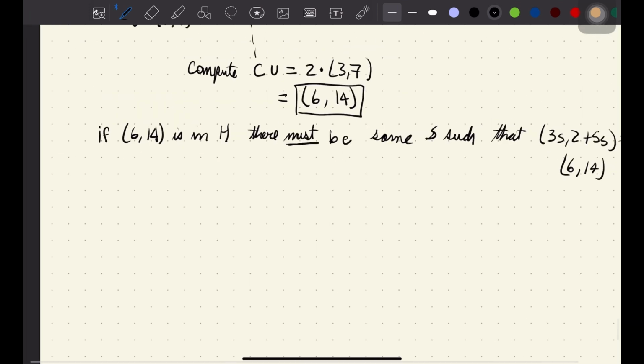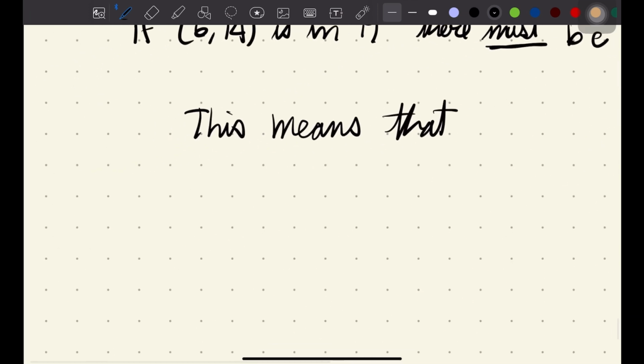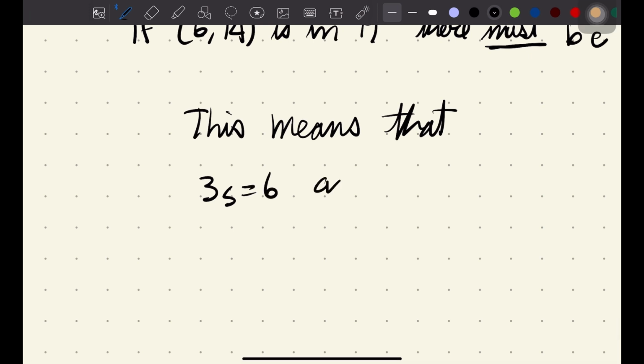So what does this mean? This means that 3s equals 6 and 2 + 5s equals 14.